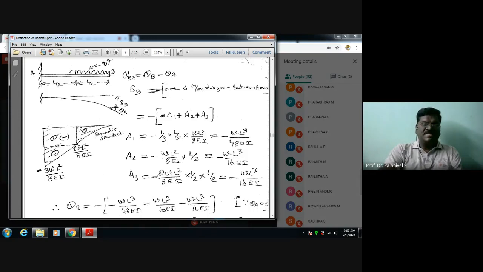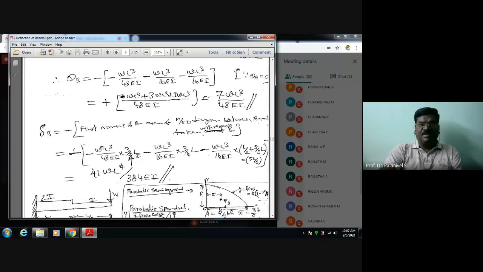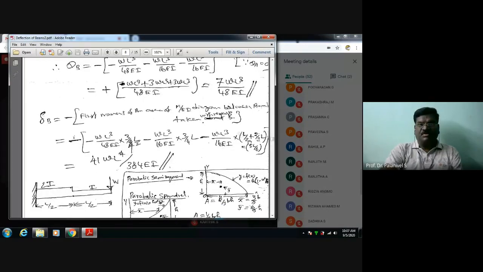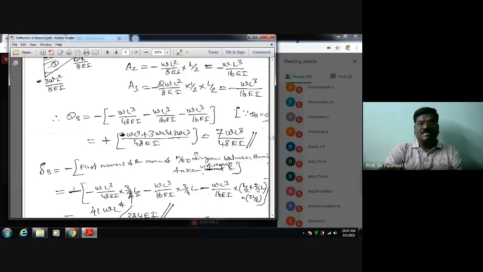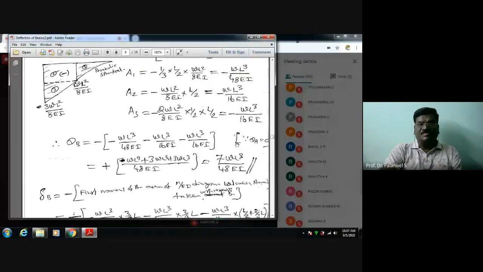L by 2 plus L by 4, which is nothing but 3L by 4 here. That is why it is written like that. Next, the third area, minus WL cube by 16EI.